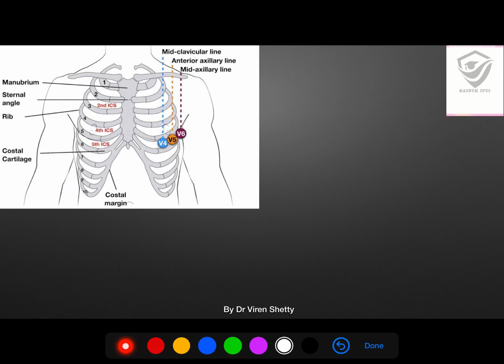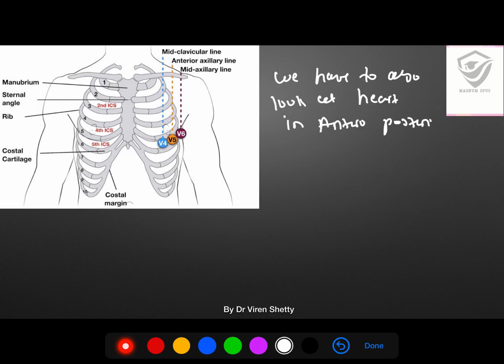But another problem came. We have to also look at heart in antero-posterior direction. The limb leads are not giving you an antero-posterior view.